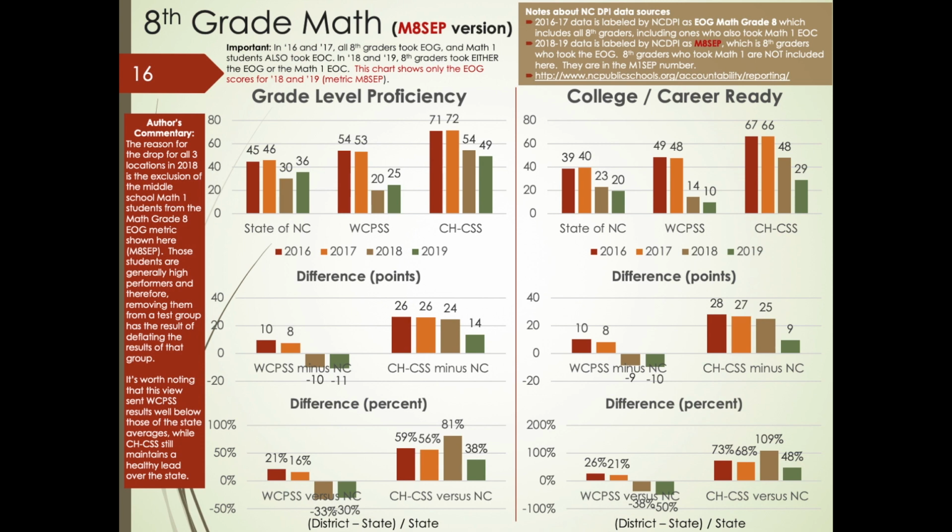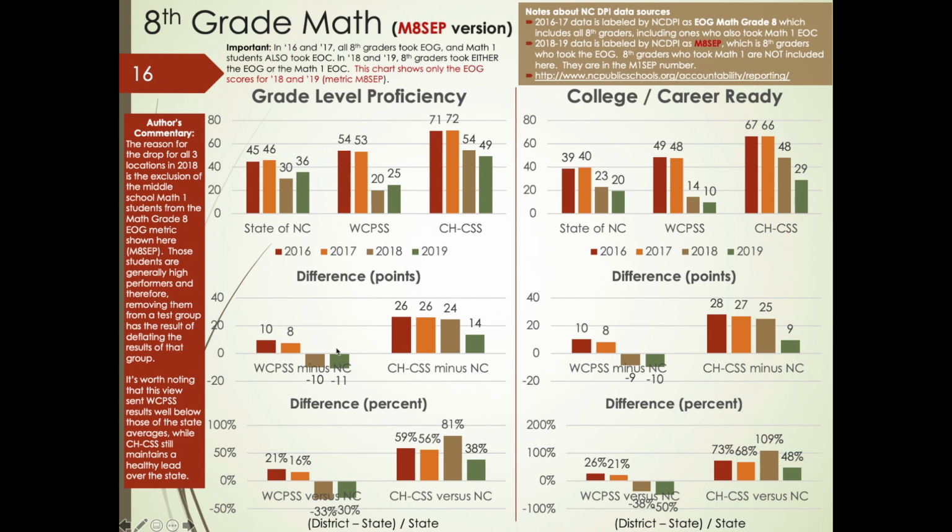You take those kids out of the equation in 8th grade, and the kids who are remaining are, for lack of a better word, the average kids, the ones not advancing into Math 1 in middle school. So for all these groups, those numbers went down.